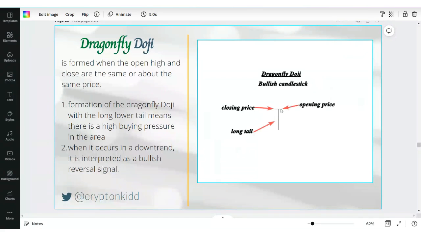And sellers were pushing down the price down to this level. But right there, buyers came in with a more powerful force and pushed the price back up to where it opened before. And they held it there till that trading session was closed.